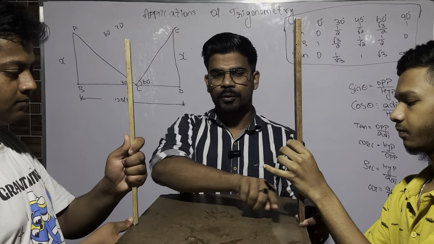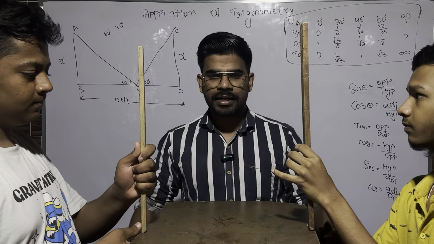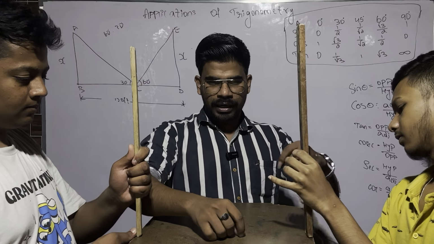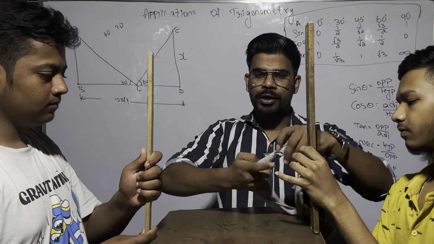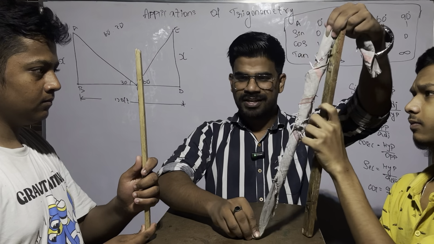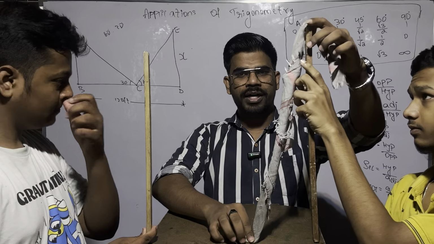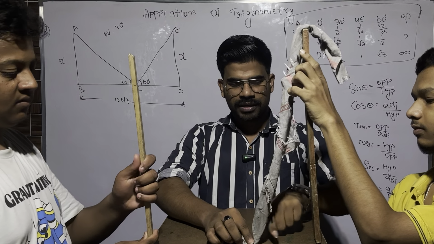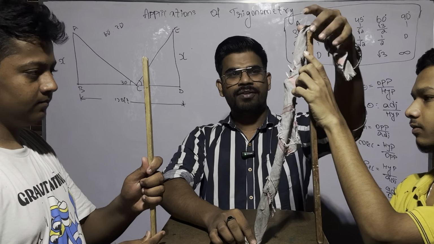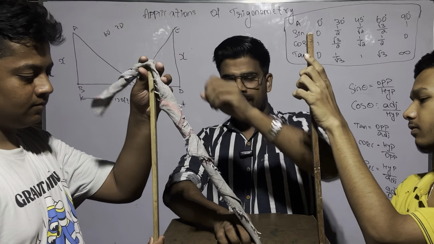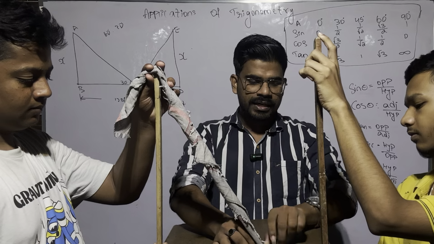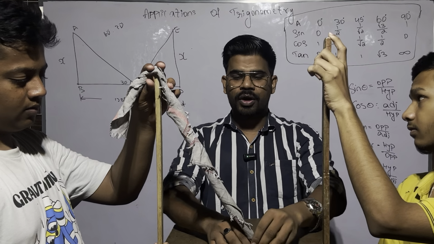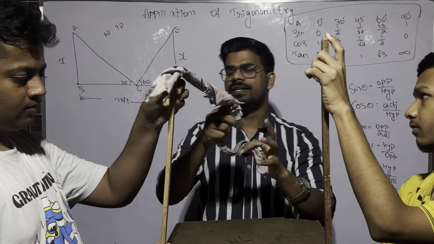From a point on the road, somewhere over here, two angles of elevation are forming. If you are looking at the top of the tower, this is the angle of elevation. This is 60 degrees. From the same point I am observing the top of the other tower, this is 30 degrees. Distance is more, angle is less. Distance is less, angle is more. So now we have to find the heights of the tower. Clear?